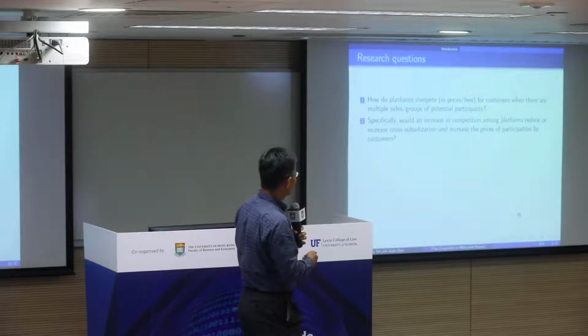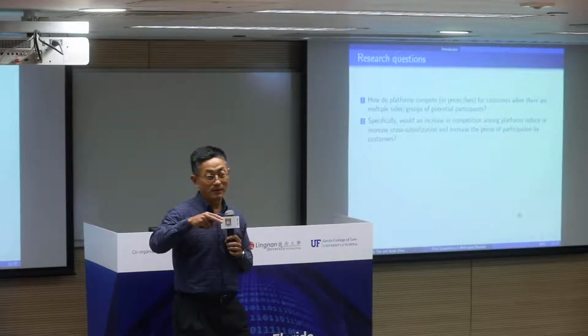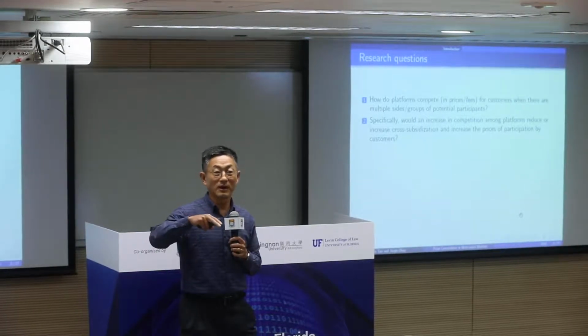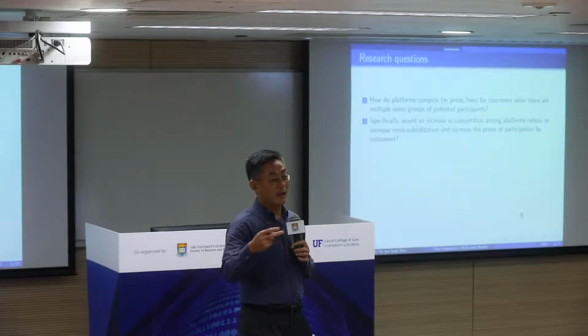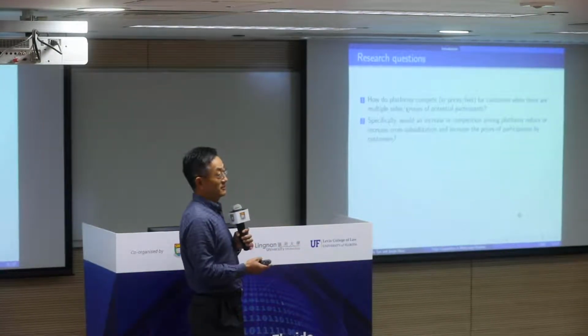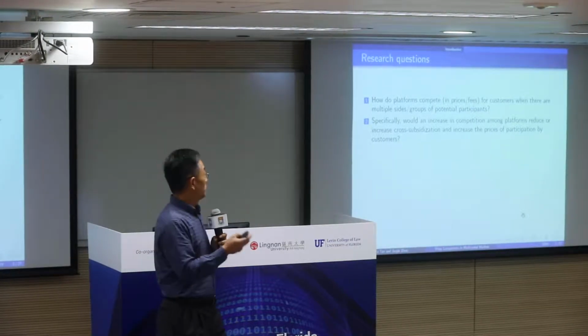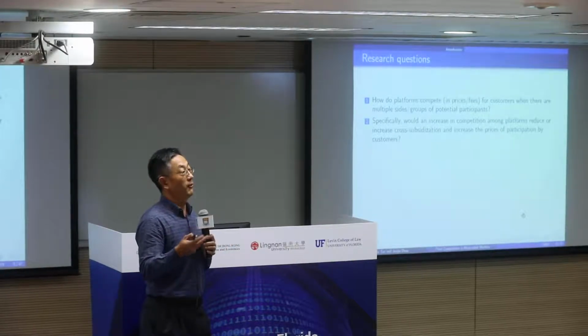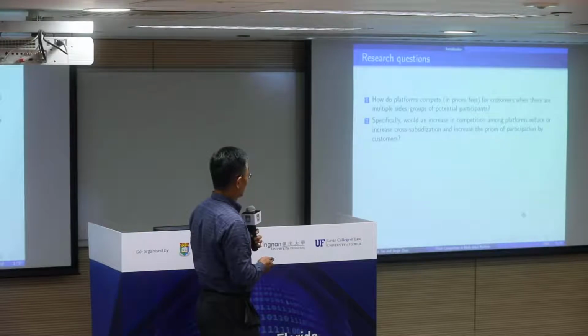Specifically, as competition increases or decreases, such as through merger or free entry, how would prices change in this kind of setting? Both questions are more elementary in the context of, let's say, oligopoly theory.